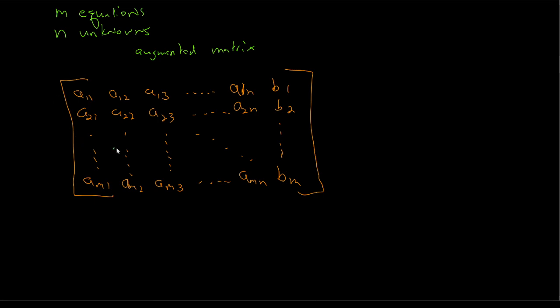We're going to put a bracket around it, and we're going to talk about the coefficients that come before each variable. And then we're going to talk about what's on the right-hand side of the equal sign.